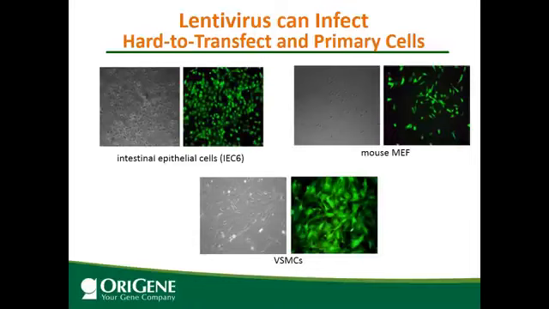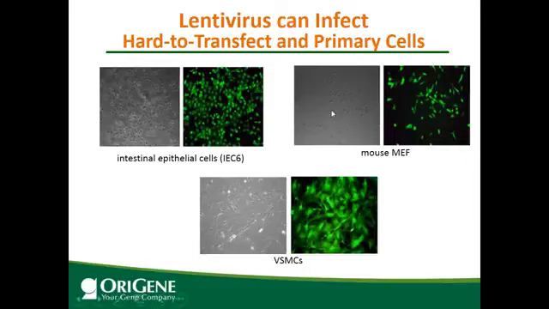Next, I want to show you some lenti transduction data. So this slide shows the lentivirus can infect hard-to-transfect and primary cells. The lenti-GFP virus was used to infect intestinal epithelial cells, mouse map cells, and primary vascular smooth muscle cells.